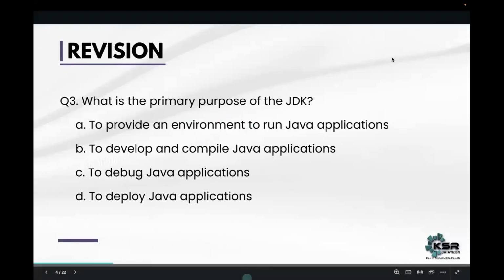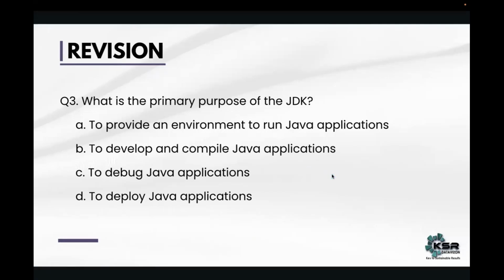Okay. So what is the primary purpose of JDK? Can you write your answers on chat? To provide an environment to run Java applications, to develop and compile Java applications, to debug Java applications, to deploy Java applications. JDK is a little bit confusing actually, because JDK also provides an environment to run Java applications, but the major purpose is to develop and compile Java applications.